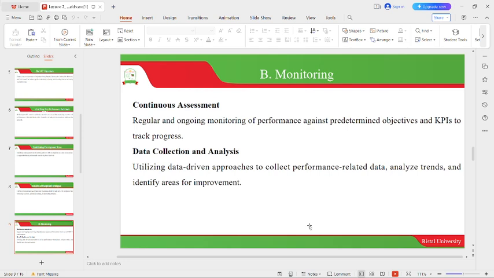So you need to regularly monitor the performance against predetermined objectives. Remember, at this point, you have already set the objectives or the targets to be achieved by the doctors and the nurses. Now you are trying to monitor whether they are performing the way you expect them to perform.